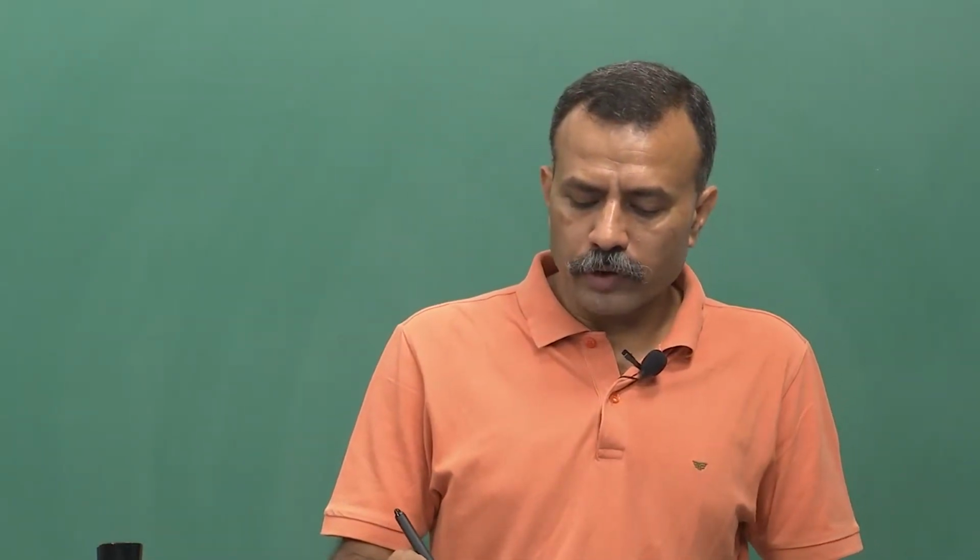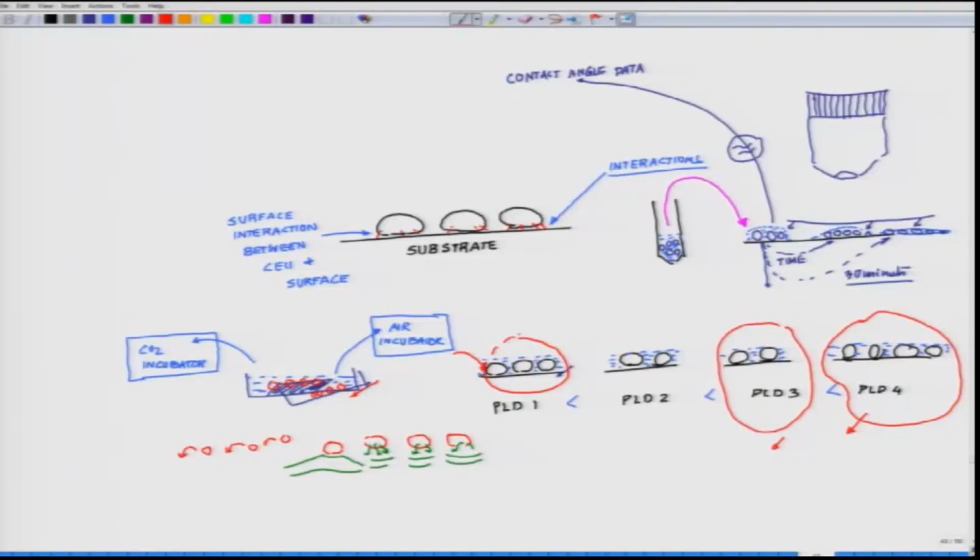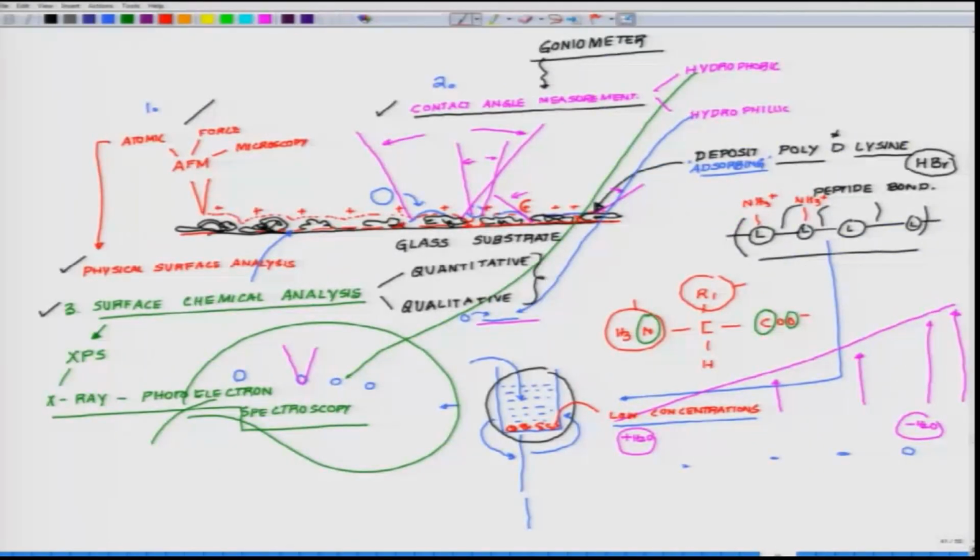So with polylysine, a very low concentration does work, and the way it works, it is believed to be these positive charges on the surface of polylysine, from NH2 groups which are present there, interacting with the surface negative charge of the cell, possibly.